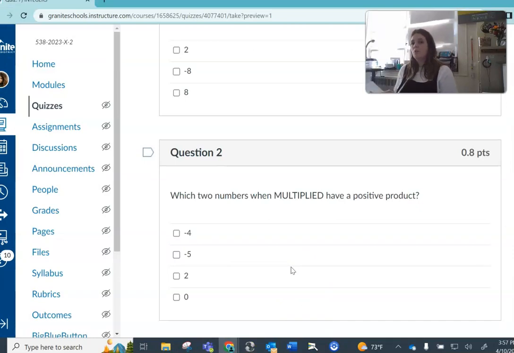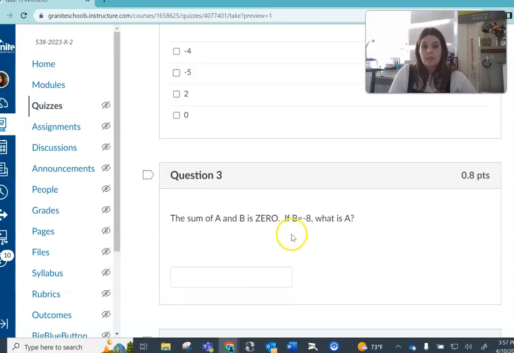Which two numbers, when multiplied, will give you a positive product? If you need to, go through and multiply each pair: 0 times 2, 0 times negative 5, 0 times negative 4, 2 times negative 5, 2 times negative 4, negative 4 times negative 5. You can practice or you know the rules.